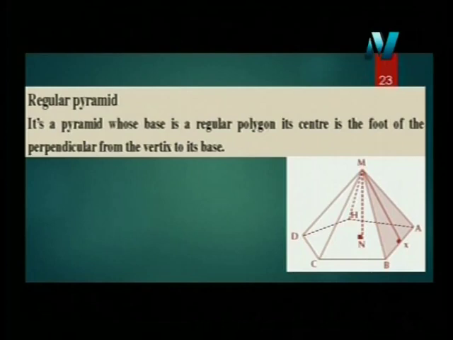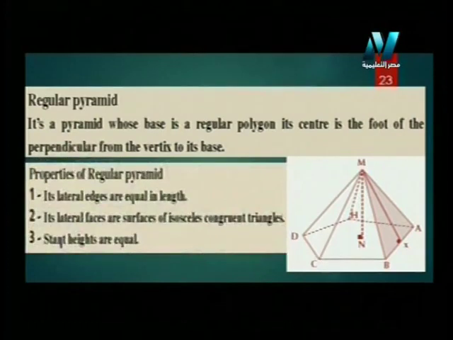Here ABCDH is a regular pentagon, which means all sides are equal in length and all angles are equal in measure. The properties of a regular pyramid: its lateral edges are equal in length, its lateral faces are surfaces of congruent isosceles triangles, and its slant heights are equal.